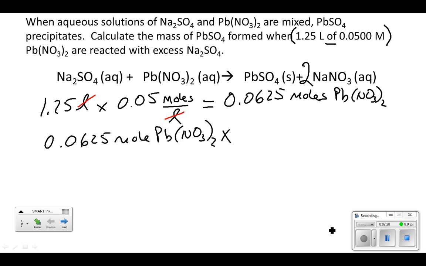In this problem, we are looking to find the mass of lead-2 sulfate. So I go to the balanced equation and I see that there's a 1 right here in front of lead-2 sulfate, so that's 1 mole of that. And on the bottom goes the substance that we're coming from, which is this one.